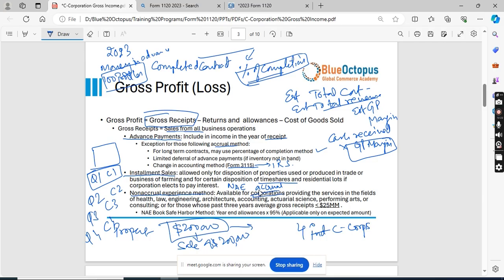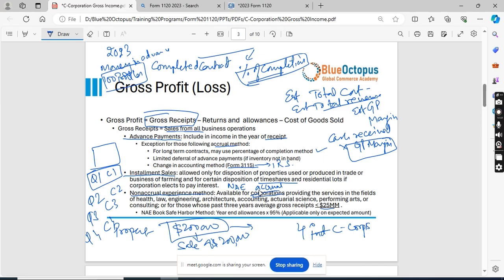Secondly, those corporations who are providing services in the field of health, law, engineering, architecture, we call them personal service companies. So these are the personal services that you may give. So as a company, if you are giving such personal services and the corporation is following the accrual method, those companies, or any other company which has less than $25 million average gross receipts, are allowed to take the provision.